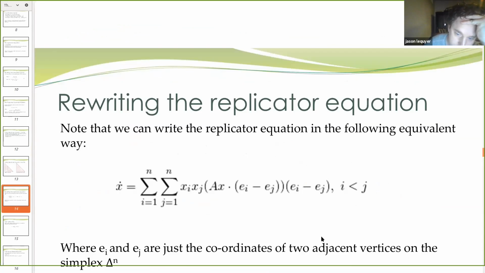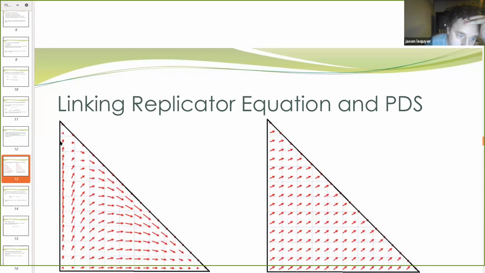EI and EJ are just coordinates of two adjacent vertices on the simplex. These terms out front ensure that once it actually arrives at the boundary, all the other summands go to 0, so that it's only projecting onto this boundary and it never escapes the constraint set.